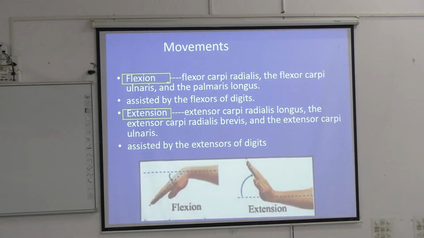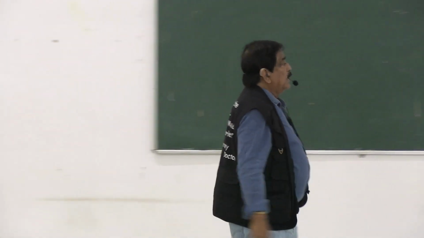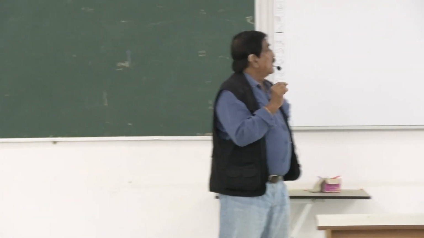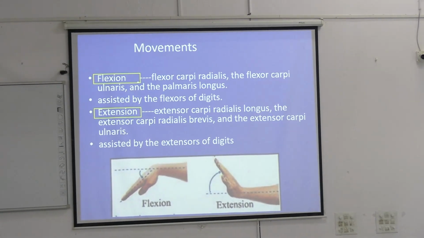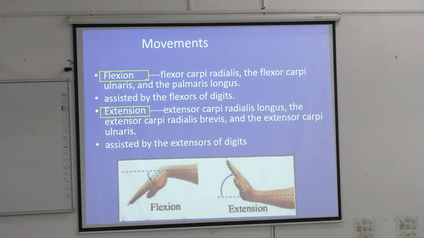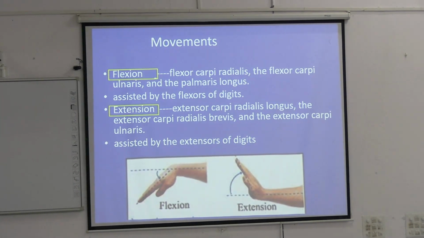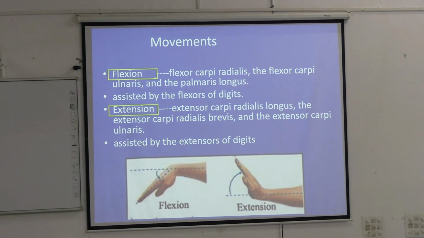When you dissect the palm and the lower radioulnar joint, you can see the structure, see the ligaments, and see all the tendons. Now you can see this is the flexion, this is the extension.